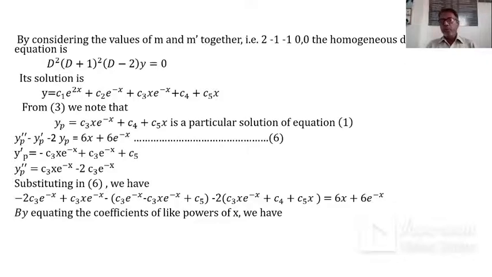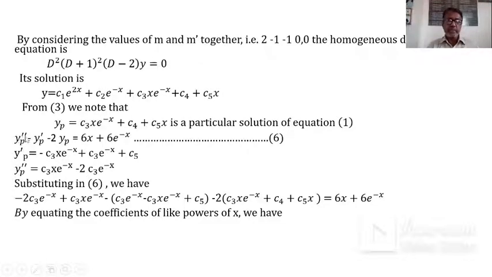But we know that a particular solution does not contain arbitrary constants. That's why we want to find c3, c4 and c5. Since yp is a particular solution of the given differential equation, yp satisfies differential equation 1.